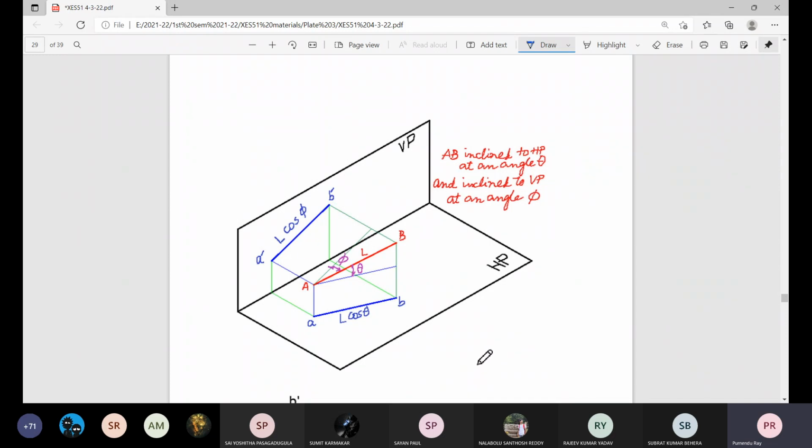And at the same time, the angle made by this plan, measured with respect to GL, is not equal to phi, and the angle made by the elevation with the GL is not equal to theta. Very important thing.